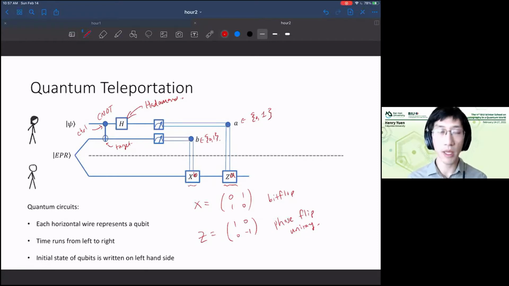So let's say that A and B happen to both be 0, then Bob doesn't do anything to his qubit, and the claim is that Bob will then have the gift qubit. But if A and B are different from 0, then Bob has to perform these corrections. For example, if A is equal to 0 but B is equal to 1, then Bob has to apply the bit flip unitary, but not the phase flip unitary.